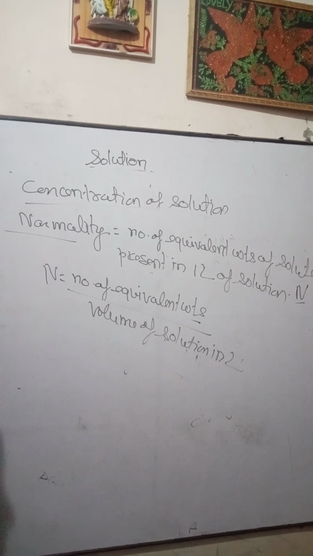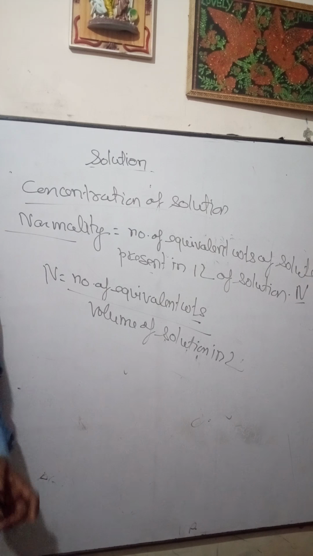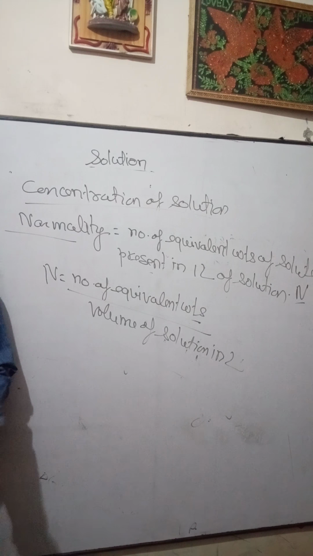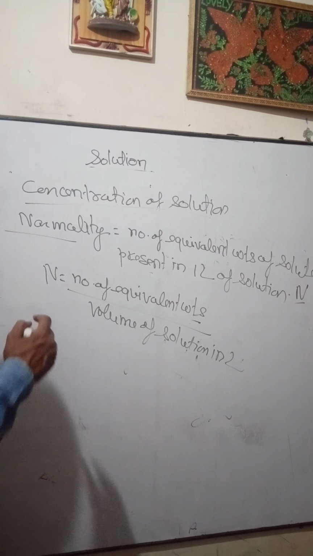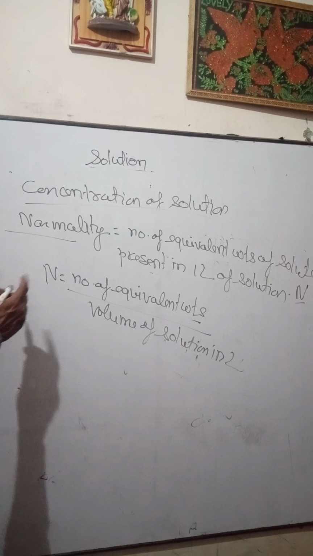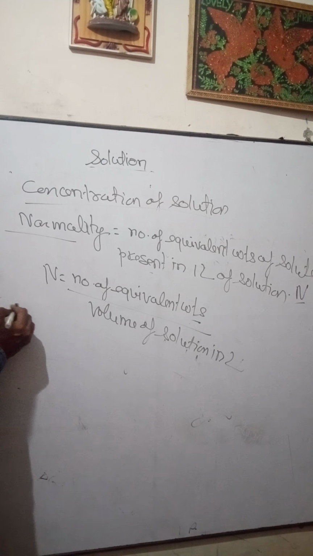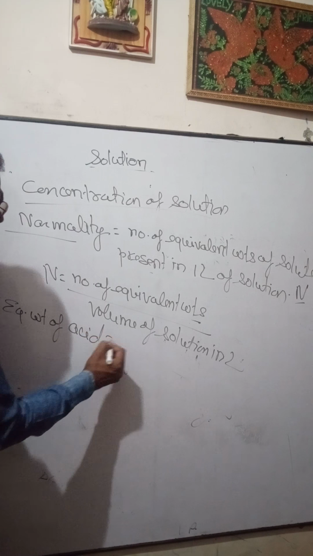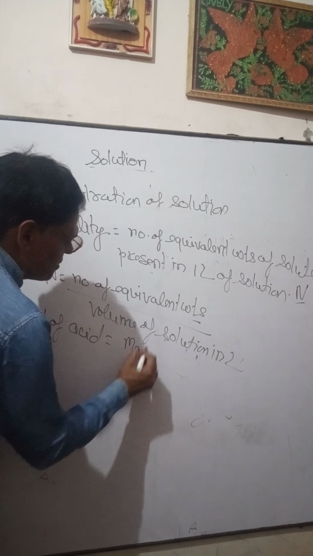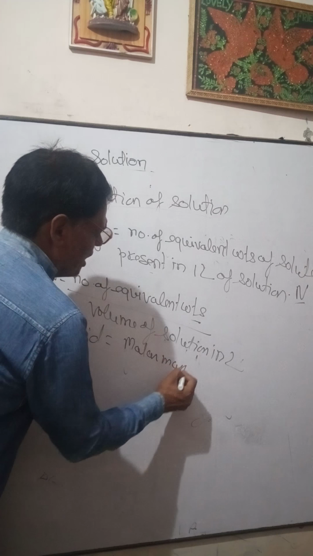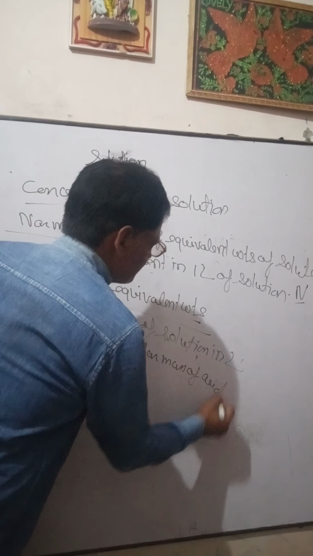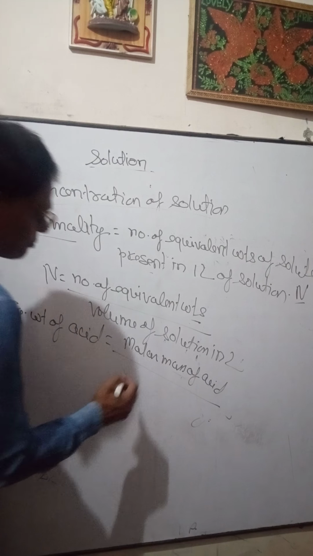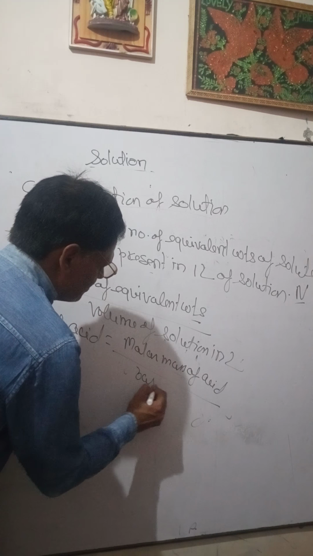Now, equivalent weight is a big concept and we should try to understand it, but in the syllabus we do not have to study equivalent weight in depth. That's why we will see certain ideas of equivalent weight. How to compute equivalent weight? The equivalent weight of an acid is equal to molar mass of acid divided by basicity of acid.